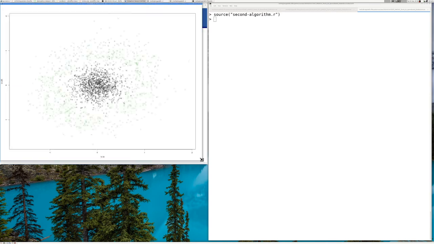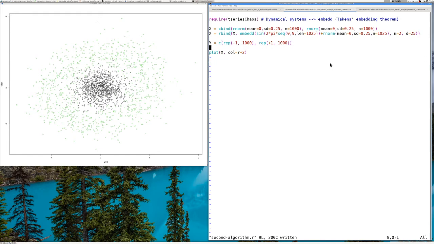Exactly what I wanted. But actually, I will reduce the noise because the noise here is really, really large. And I will plot, of course, using pch 20 and cex equal to 2. Yeah, could be 2.